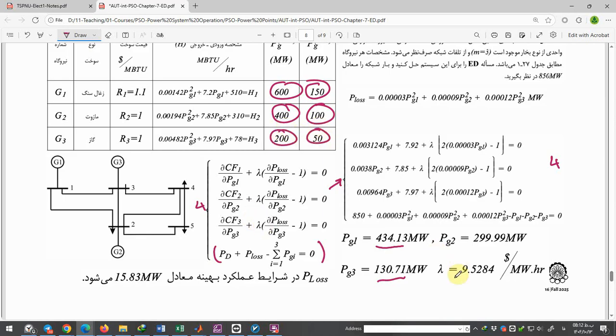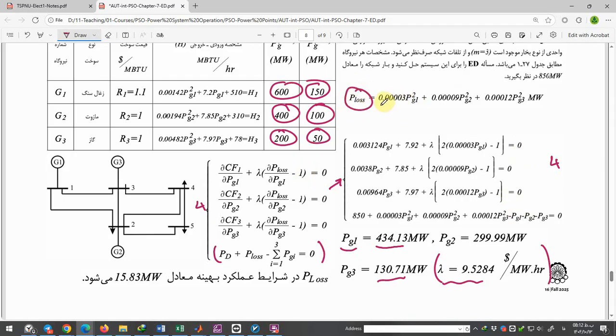Fortunately, lambda is $9.5 per megawatt hour, the rate of cost function per megawatt hour of energy. After finding PG1, PG2 and PG3, you have to calculate P loss.